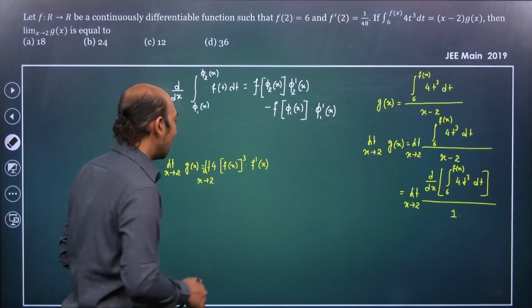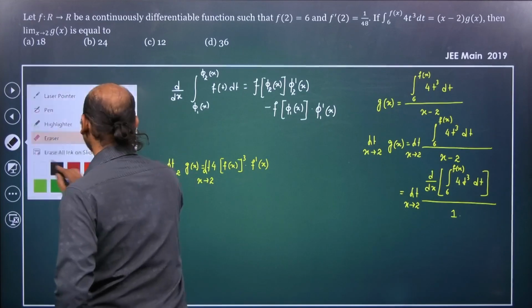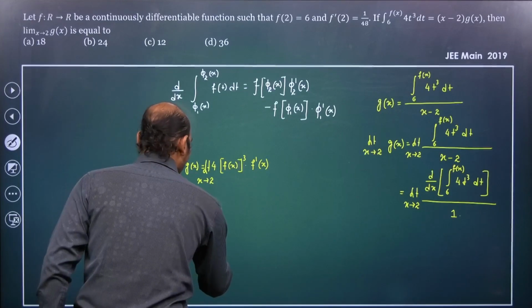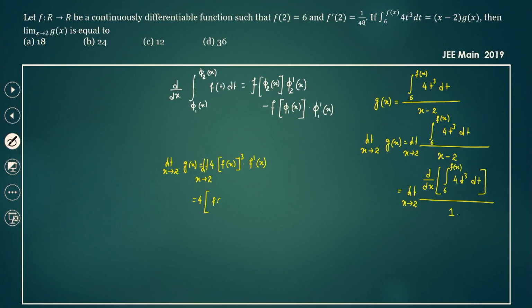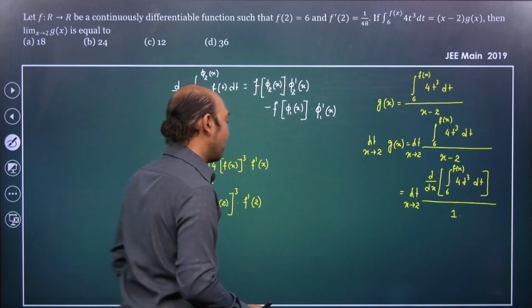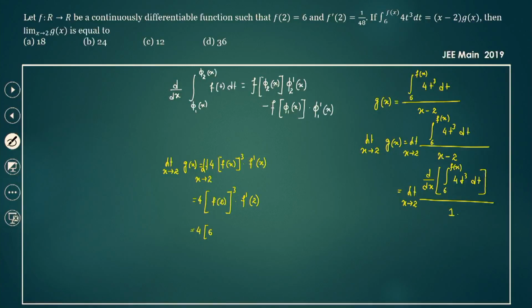Now we can apply the limit at that point, which gives 4 of f(2) cube into f dash of 2. Here f(2) and f dash 2 are already given, so we write it as 4 into 6 cube multiplied by 1 by 48.